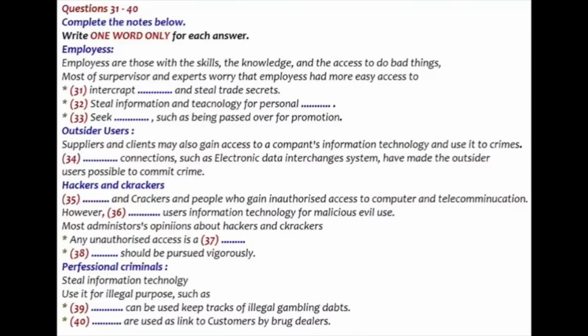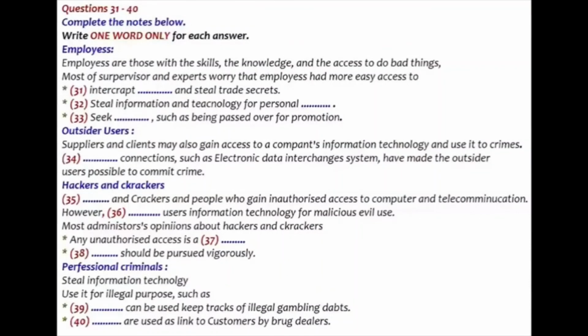The tolerance for hackers as the benign explorer has decreased. Most communication systems administrators view any kind of unauthorized access as a threat, and they pursue the offenders vigorously. And educators also try to point out to students that a university cannot provide an education for everybody if hacking continues.